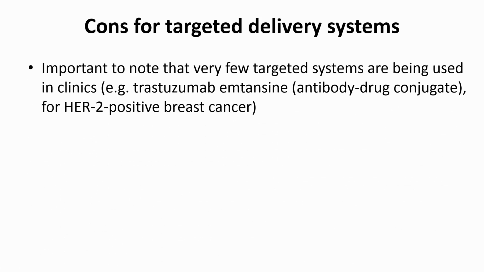However, there are some cons of targeted delivery systems, and some of them are, first of all, that it is important to note that very few targeted delivery systems are actually being used in clinic. So, just an example of a targeted delivery system used, and again there are several of them, is this particular antibody drug conjugate which is used for breast cancer, but there are not many.